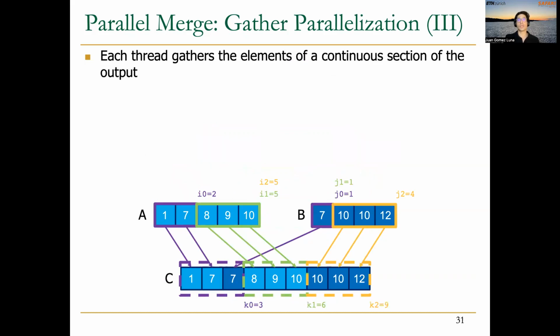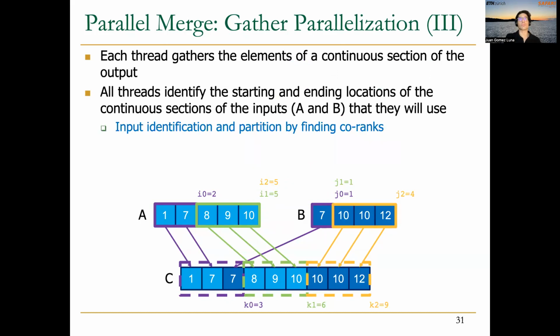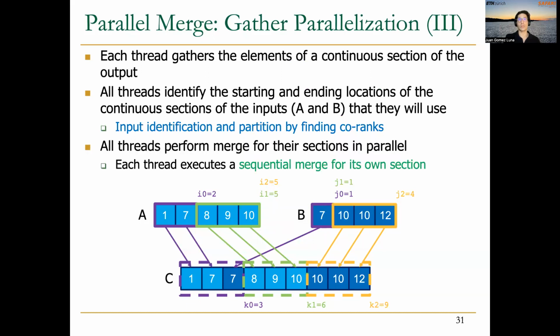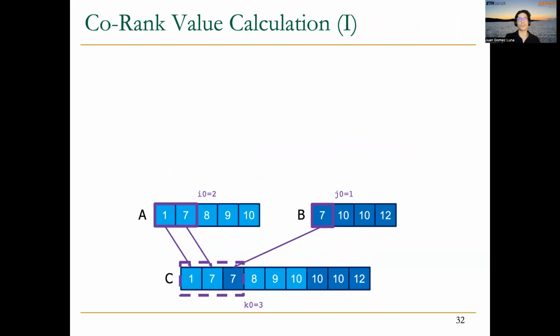So now the point is to find what are the co-ranks for each thread. That's the first thing that we are going to have to do in a parallel implementation. And after we know the co-ranks for each specific thread, each thread will do the sequential merge for its own section.